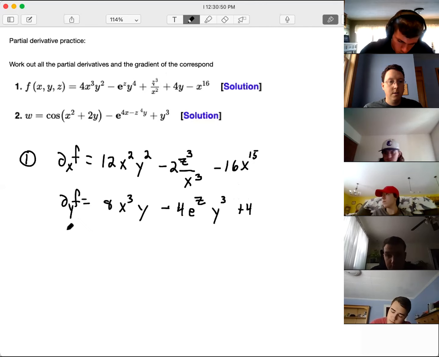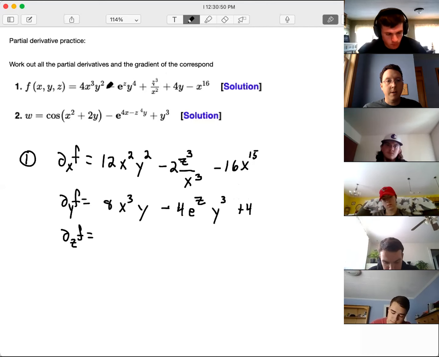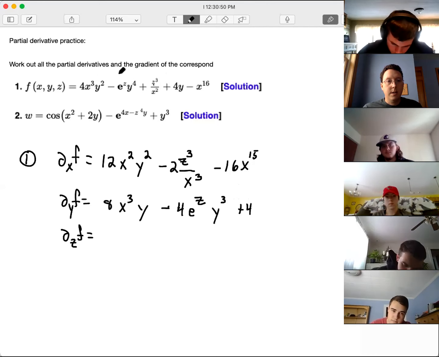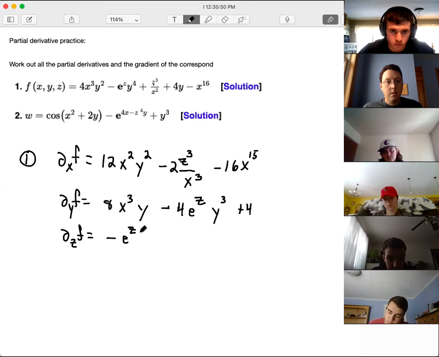Michael's nodding yes. Partial z. First term acts like a constant. Second term acts like minus. The derivative of e to the z is e to the z, times y to the 4th.